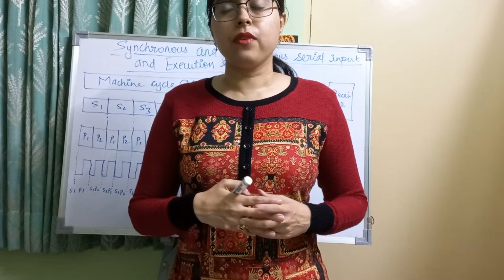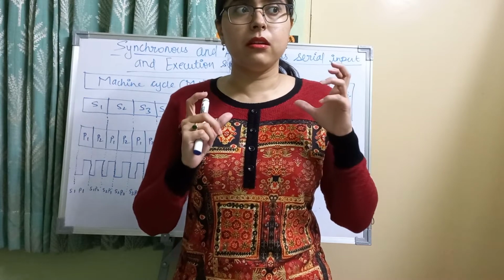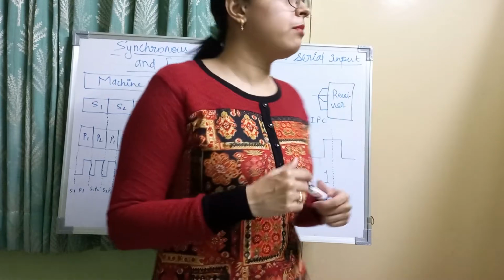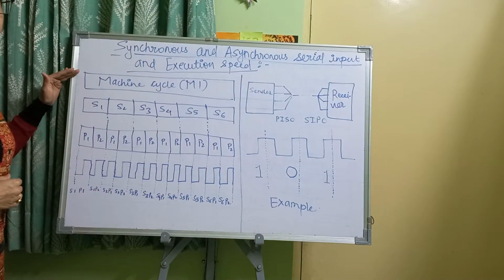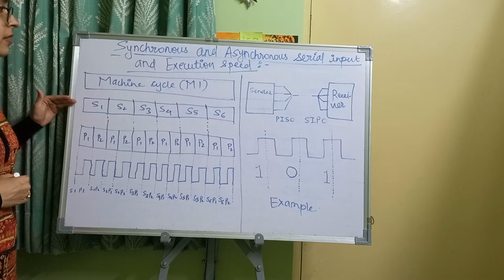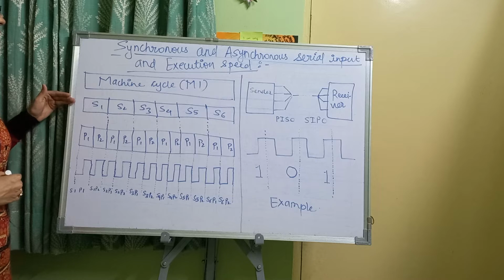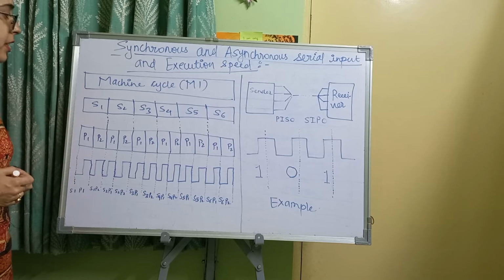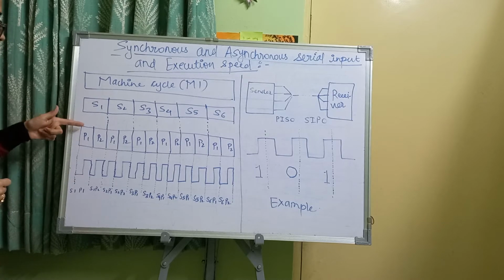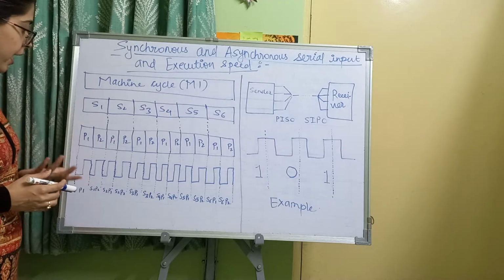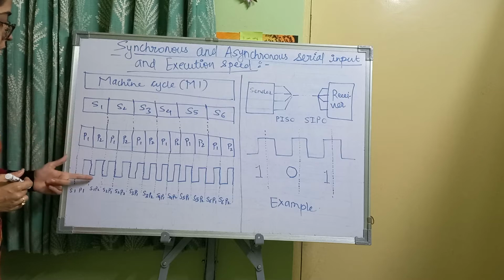The oscillator unit we are going to cover in detail, but for now you just remember that one machine cycle consists of 6 T states. There are a total of 6 T states. And every T state is divided into P1 and P2. Why are we dividing it into P1 and P2? P1 is period 1, P2 is period 2, and a T state consists of two clock pulses.